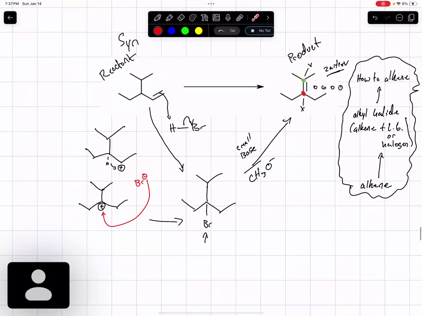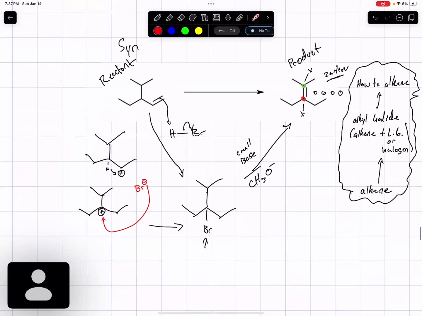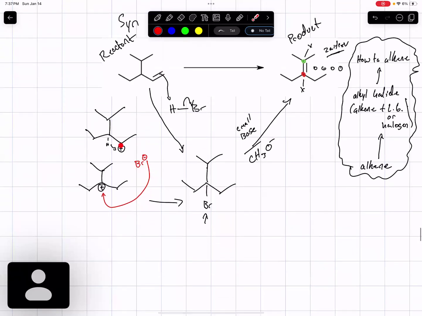If it was HBr and ROR, or HBr and peroxide, it would have technically added Br to the least substituted side, right? And since HBr with this alkene makes a stepwise reaction, not an E1, an SN1, sorry, I misspoke, an SN1 reaction, you end up adding a hydrogen to the terminal position, which creates a secondary carbocation.